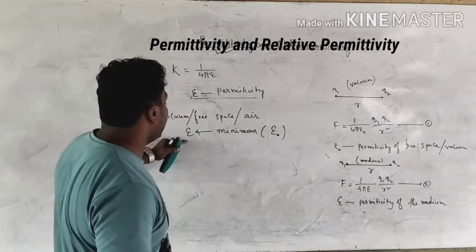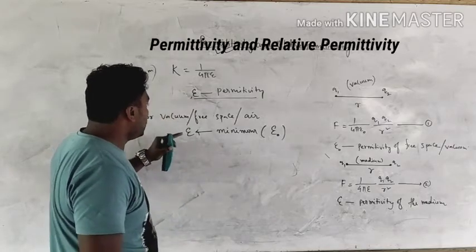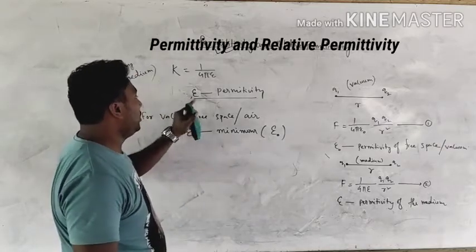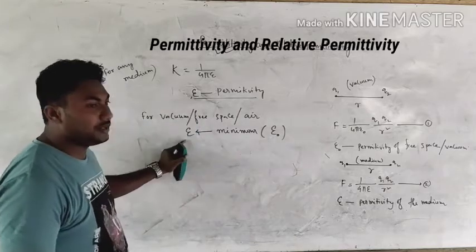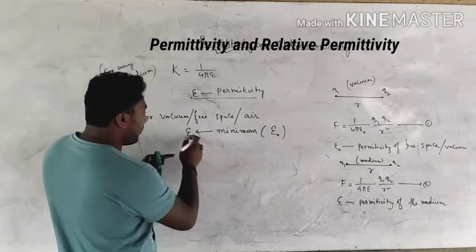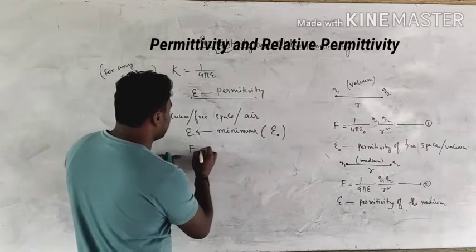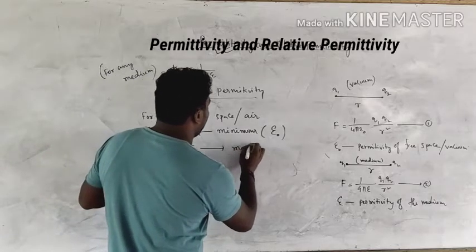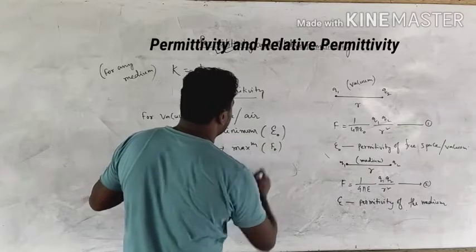And what happens when the permittivity is minimum? Then the force is found to be maximum, and it is said to be F naught.